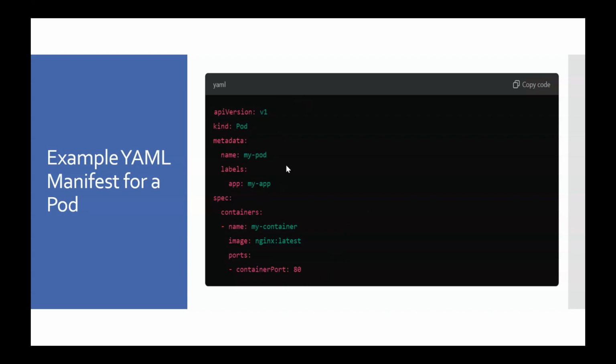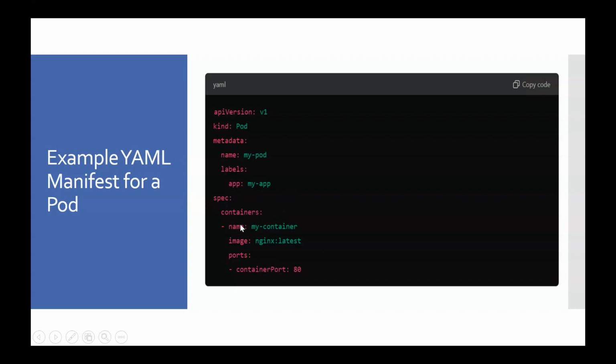We can use this to create the pods. Let me repeat this again. We'll have API version, kind, metadata, and spec. These are the only four important components of a Kubernetes manifest file. Whatever manifest you are writing, that can be replica set, deployment, service, pod, ingress, or any other thing, you will have to write these four components.